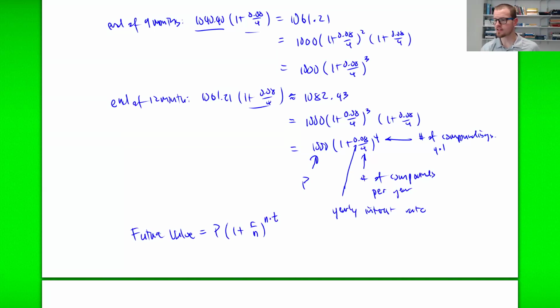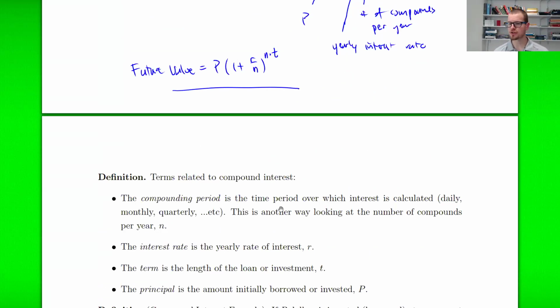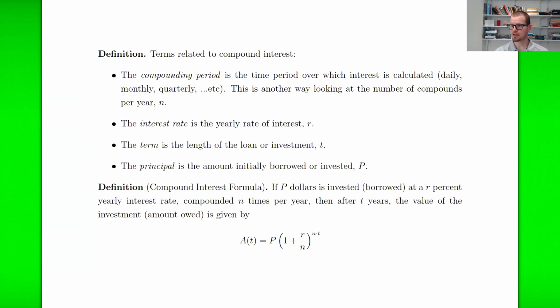And this gives us a formula for the future value of an investment invested at R% yearly interest, compounded N times per year, invested for T years. And that's precisely what we have on this page here. So compounding period is that 3 months. We can look at it as the number of compounds per year N. That's the thing we're really interested in.